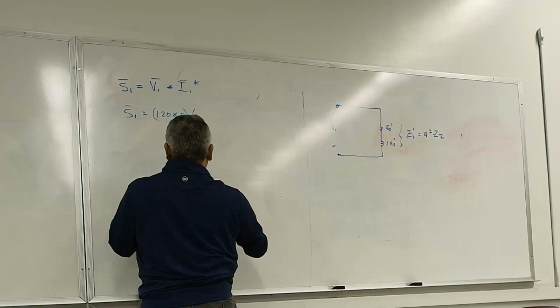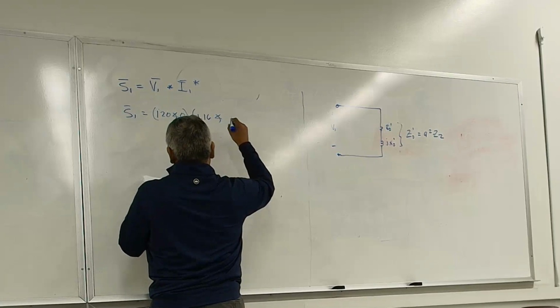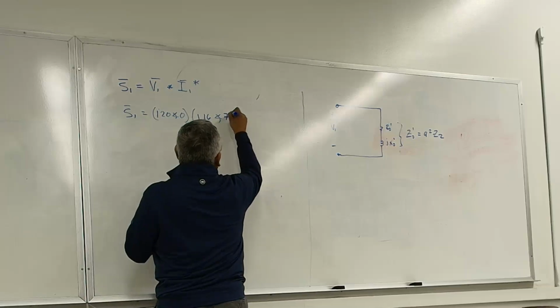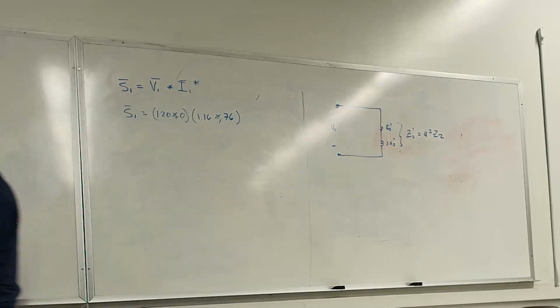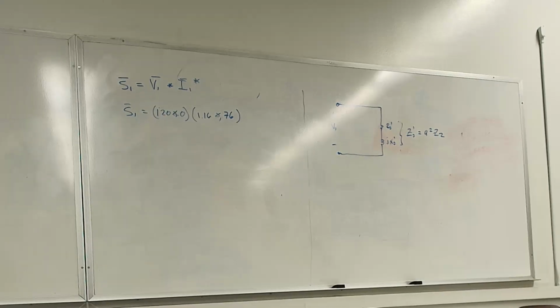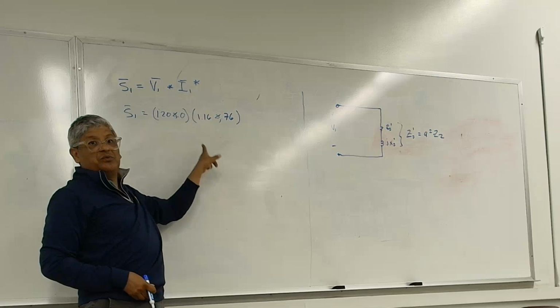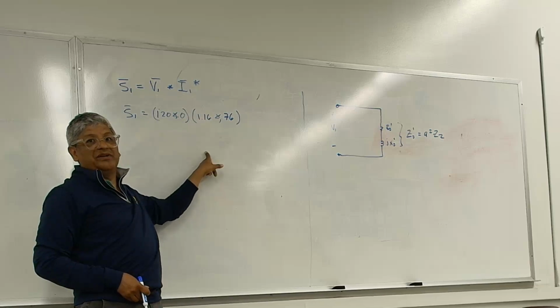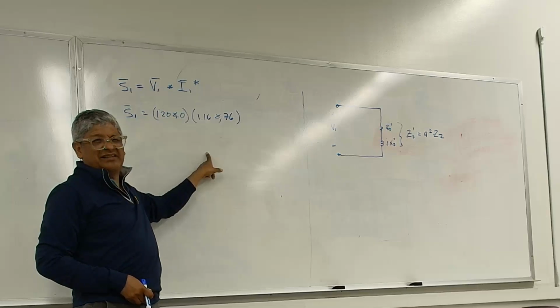I got for that 1.16 angle of 76 degrees. Okay, and why is this positive? Because I'm taking the conjugate, right? But the current was with the negative angle because it's lagging the voltage because it's an inductive resistive load. Make sense, everybody?